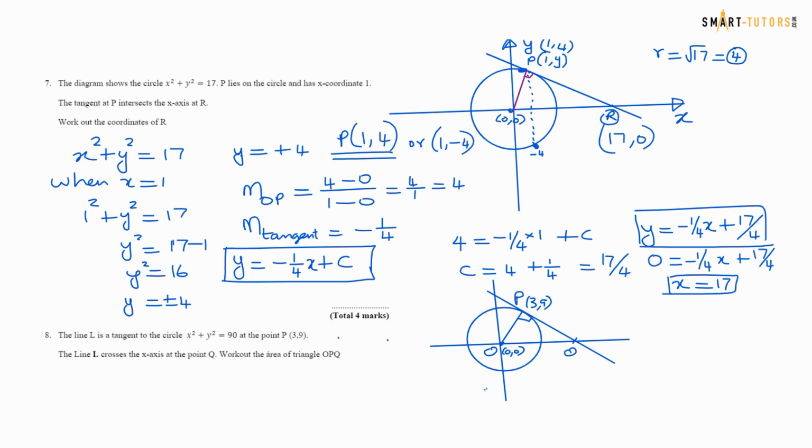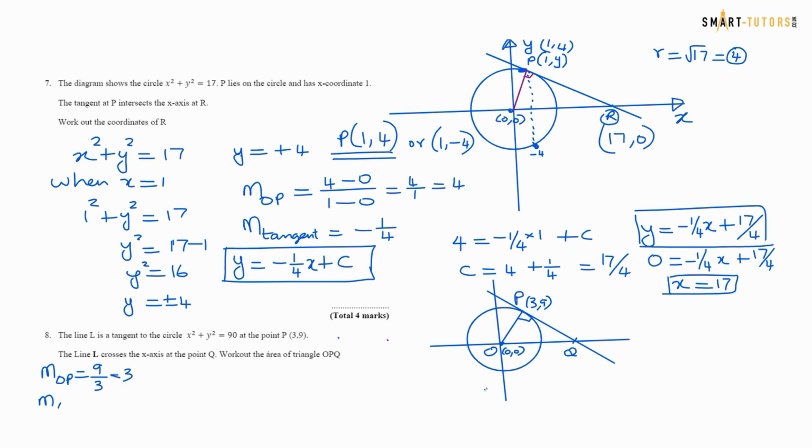This is Q. They are asking the area of the triangle OPQ. First things first. So gradient of OP is 9 minus 0, which is 9, over 3 minus 0, which is 3. So 9 divided by 3 is 3.